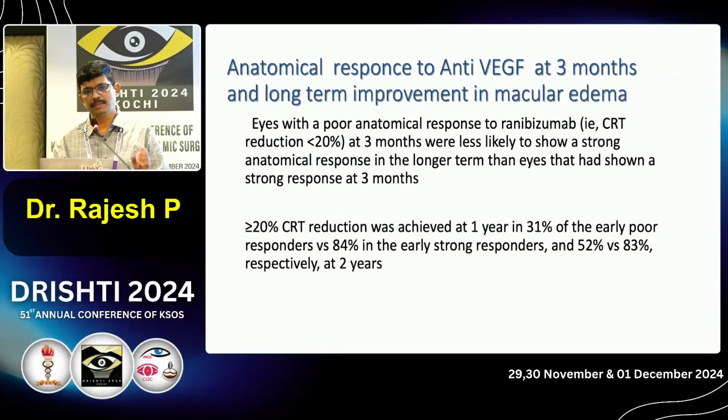Similarly, if you look at the anatomical response, all of us might have seen that even after repeated anti-VEGF injections, many patients continue to have cysts, subretinal fluid and increased thickening. Patients who do not have a good anatomical response to the first 3 injections are likely to have persistence of macular edema at the end of 1 to 2 years, or even at 3 years.